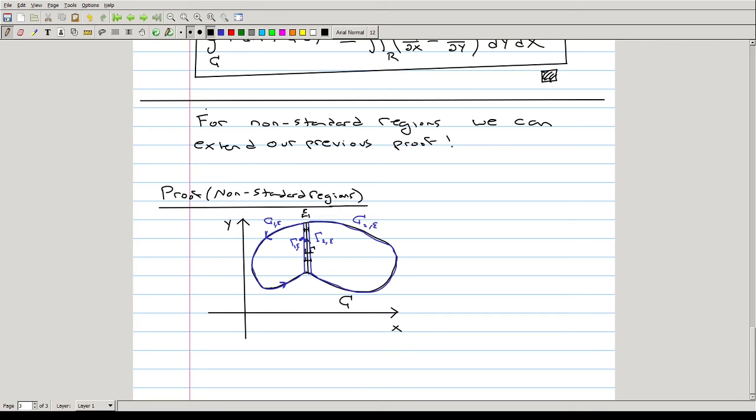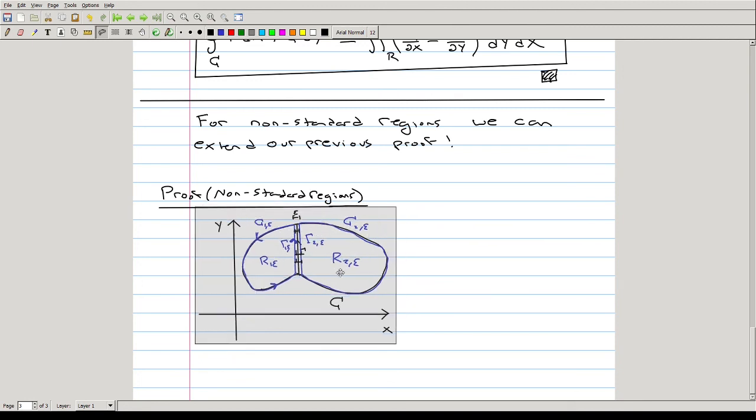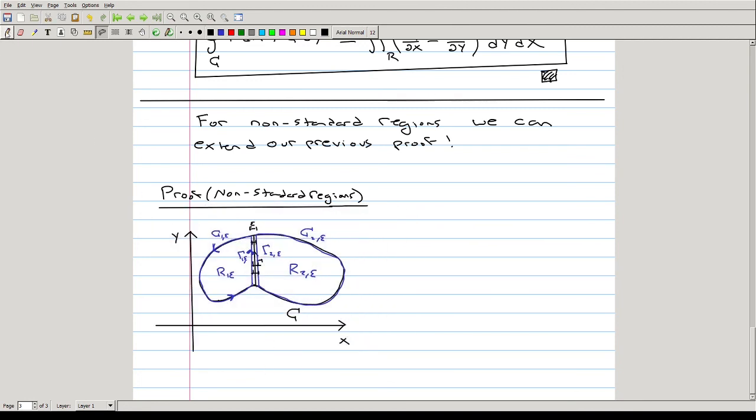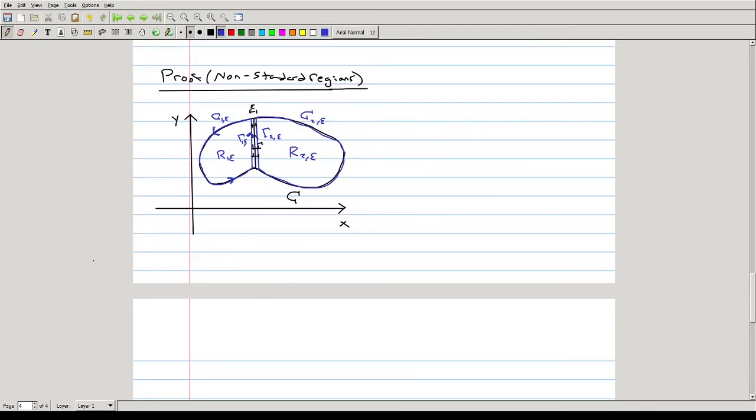Each region surrounded by these curves, we'll call R2 epsilon and R1 epsilon. Because they're standard regions, we can apply Green's theorem directly from our previous standard region proof.